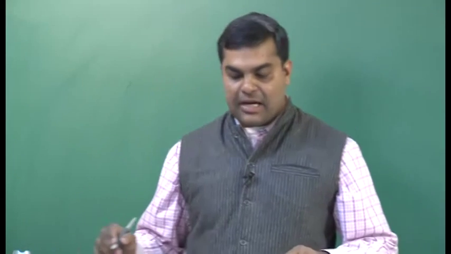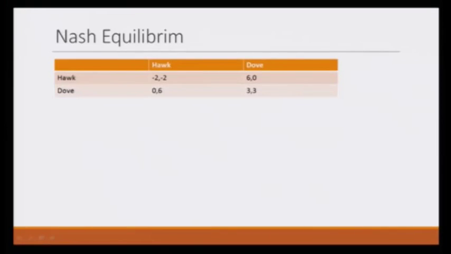So let us calculate the Nash equilibrium. Let us say player 2 plays hawk. What is the best response of player 1? Dove, we already talked about. If player 2 is playing dove, what is the best response? Player 1 should play hawk. Similarly, if player 1 plays hawk, then the best response from player 2 is to play dove.